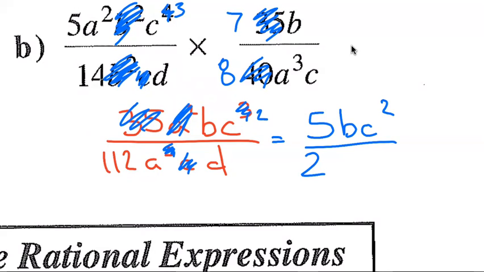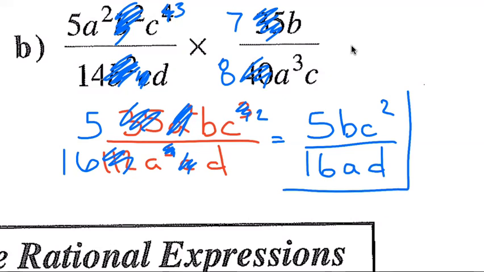Or actually, it will be by 7. 112 by 7 is going to be 16, I believe. This is going to reduce to 16. So this would change to 16. A, D. There we go.